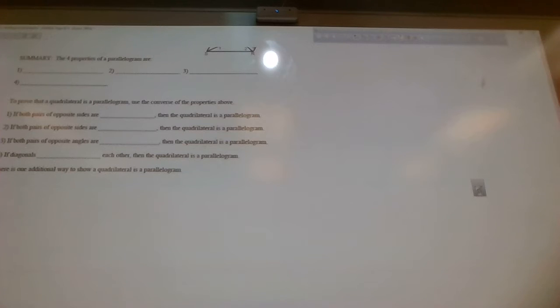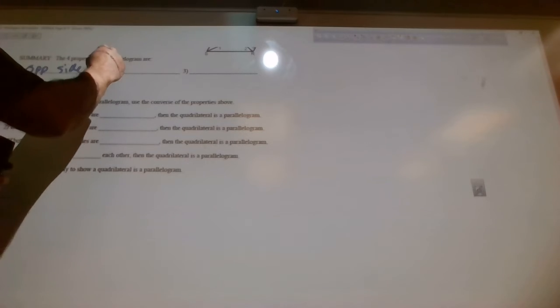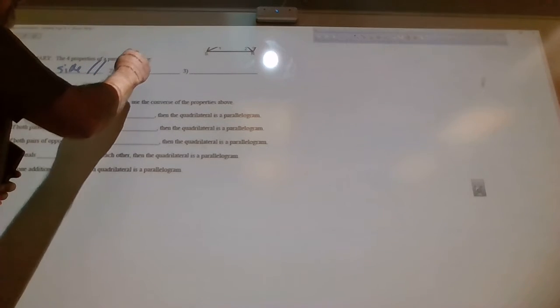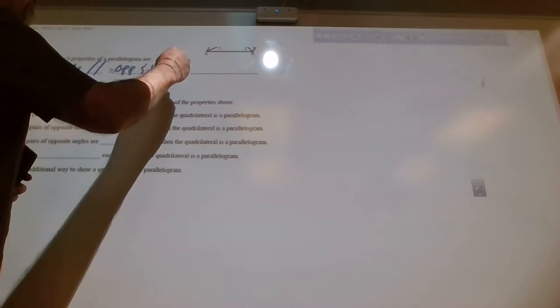The properties of a parallelogram. Opposite sides are parallel. Opposite sides are congruent.